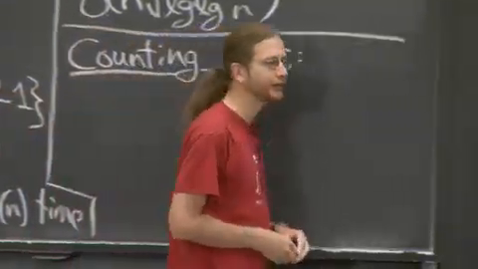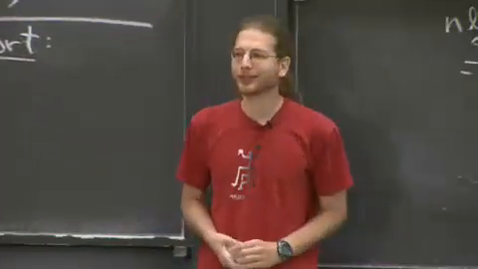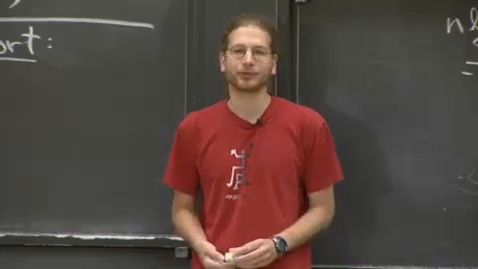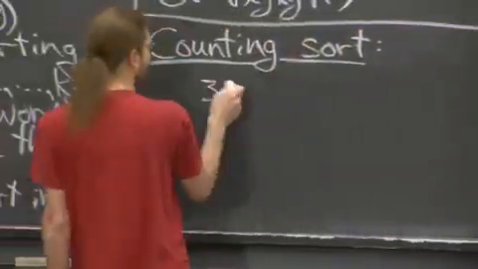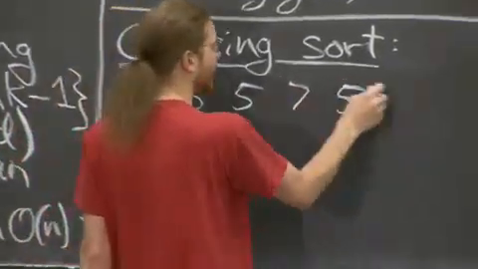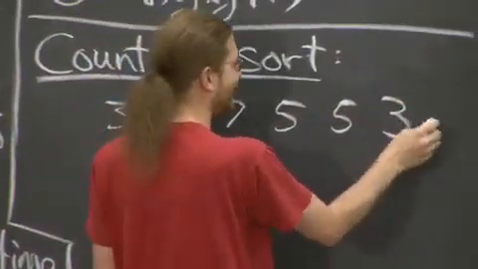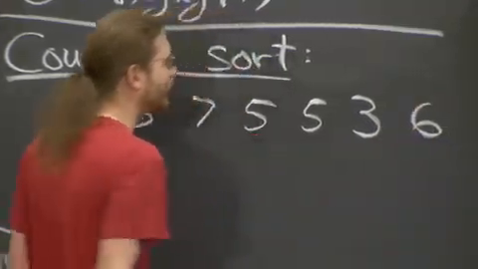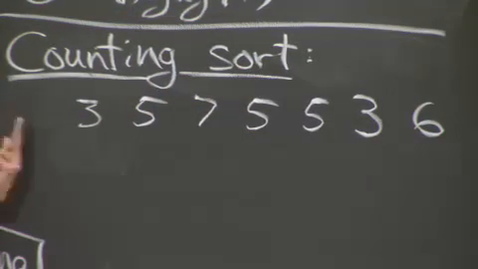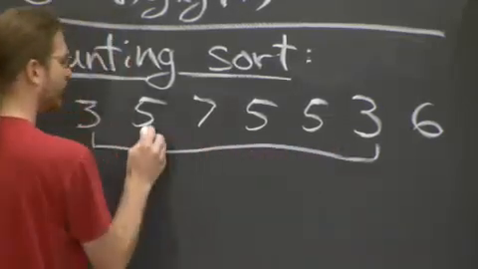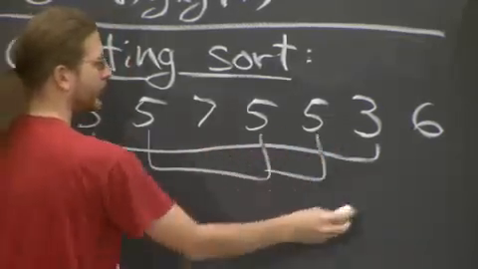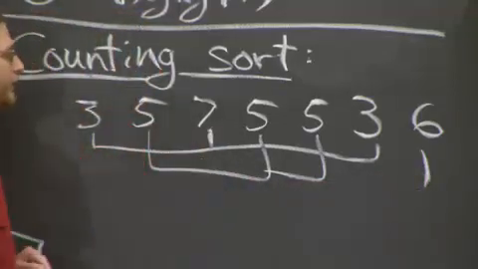So as the name might suggest, what you do is count all the items. So imagine I give you a bunch of keys like 3, 5, 7, 5, 5, 3, 6, whatever. I'd like to run through this array and say, I see there are 2 3s, and there are 3 5s, and there's 1 6 and 1 7.